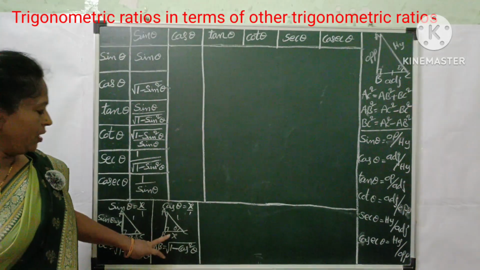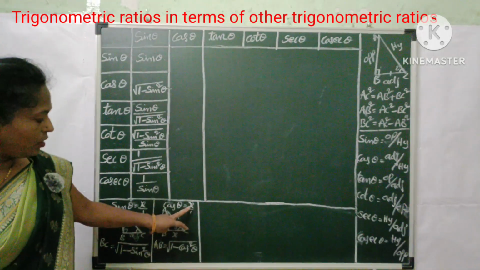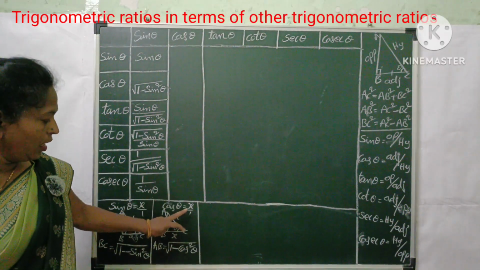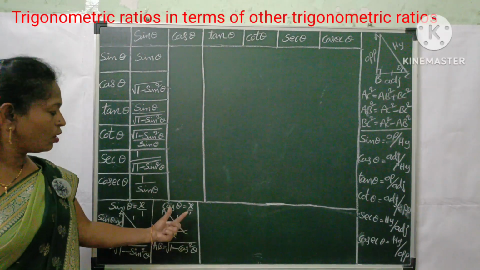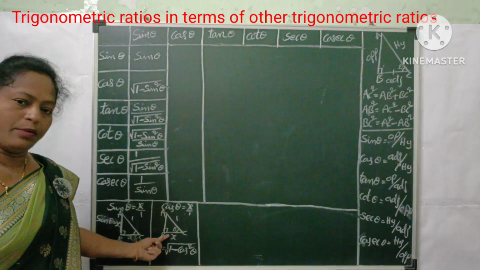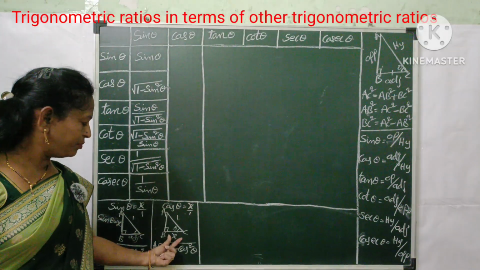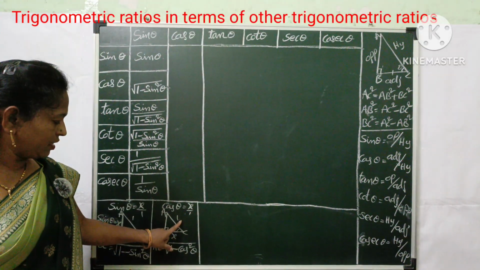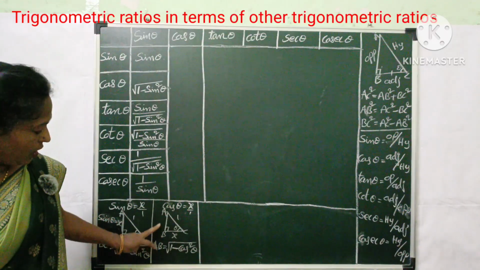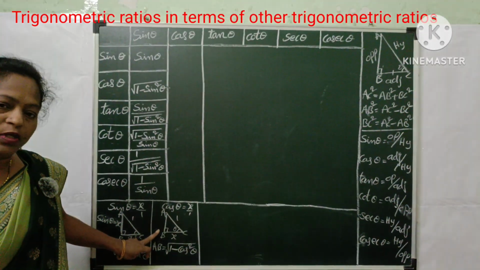Understand here? Here unknown value we have to take it as x. X by 1 means this is the cos theta ratio. Adjacent by hypotenuse. Adjacent side is BC. Hypotenuse is AC. So here we need to find AB, opposite side.